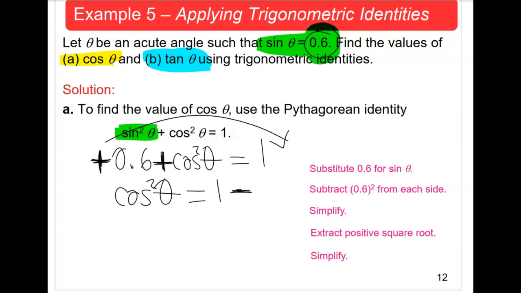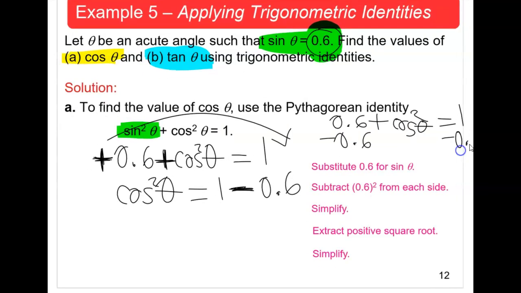From addition, you go to subtraction, 0.6. Now, this is the exact same thing as if I was saying we are going to subtract 0.6 from both sides. And we know that's going to cancel there, so that's why I don't do that. I just prefer to move things around. And then let's see, what do we have?